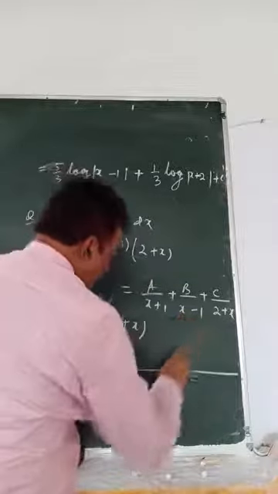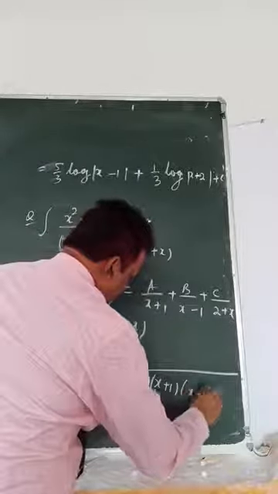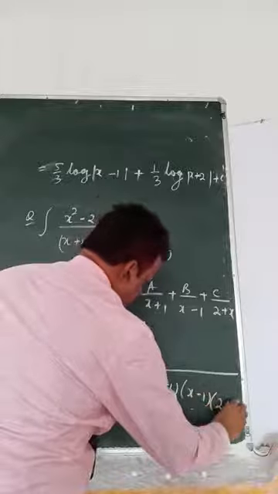Implies (x² - 2) / ((x + 1)(x - 1)(2 + x)) equals, the LCM will be three different terms: (x + 1), (x - 1), (2 + x).